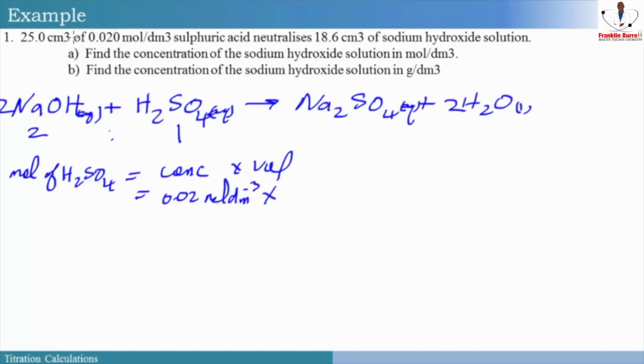And that is times 25 cm cube, which is 0.025 dm cube when I divide 25 by 1,000. Now multiplying 0.02 by 0.025, that should give me a mole of 0.0005 moles. Let's check.